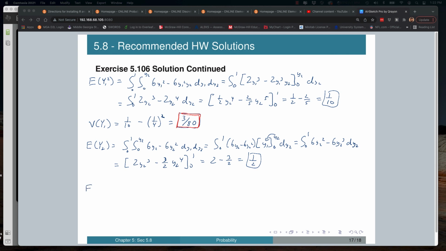And then the expected value of y sub 2 squared, we need that to find the variance as well. Again, double integral 0 to y sub 2, 0 to 1. This time I'm multiplying on a y sub 2 squared, so I get 6y sub 2 squared minus 6y sub 2 cubed, dy sub 1, dy sub 2, which equals the integral from 0 to 1.